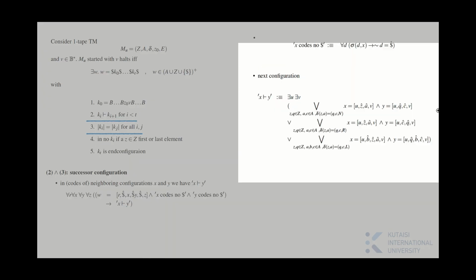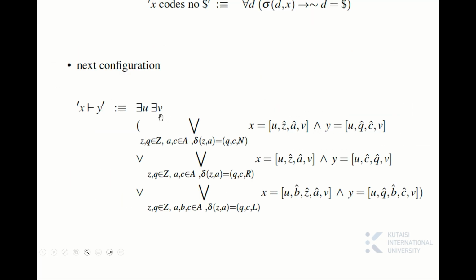Let me just enlarge this, and then you stare at it and you realize that it's easy. How do we say this in elementary number theory? There exists V and there exists U, such that this is ORing all possible states and symbols A, C. It's ORing them, or this, or this, or this, such that if delta, this is a finite table of delta, in a Turing machine.